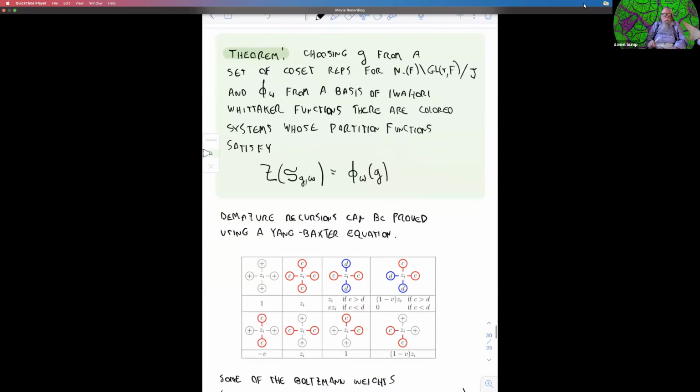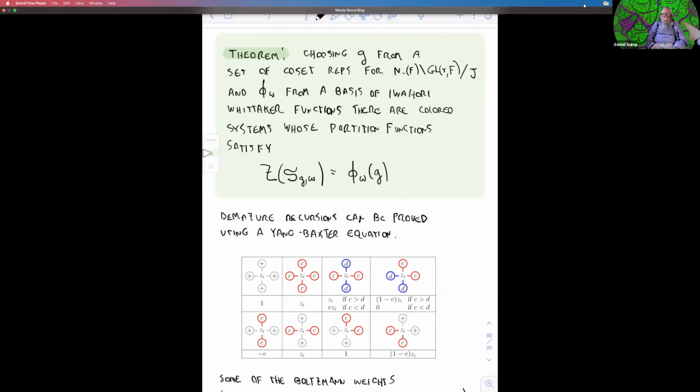So the theorem says, if you take g, you have some freedom to choose it. You can translate it by the Iwahori subgroup, and by this unipotent subgroup that the Whittaker function has a transition property for.